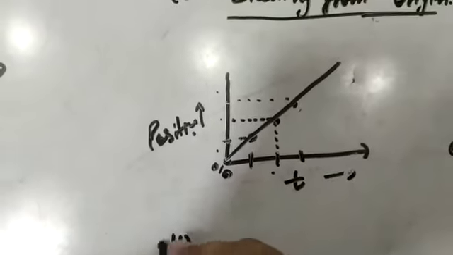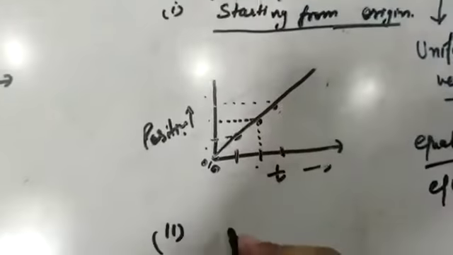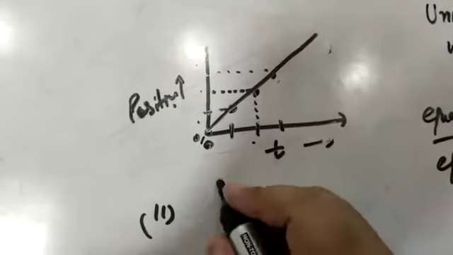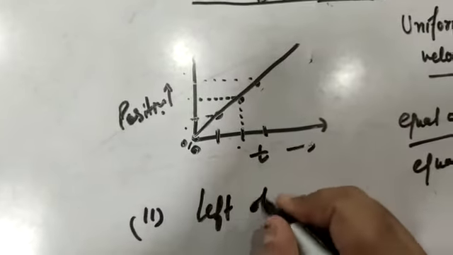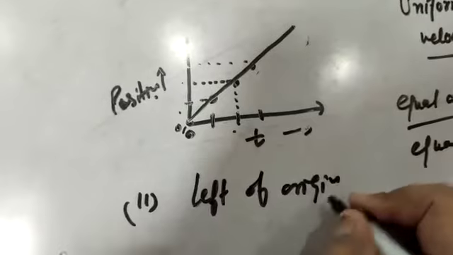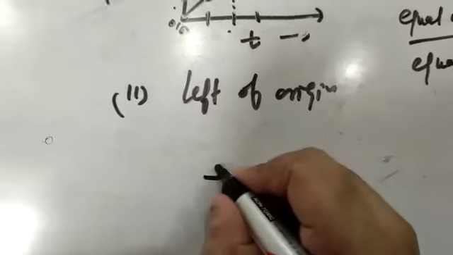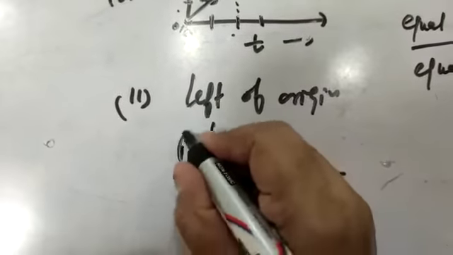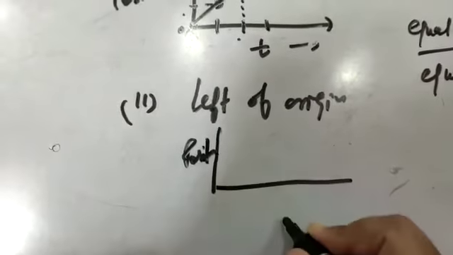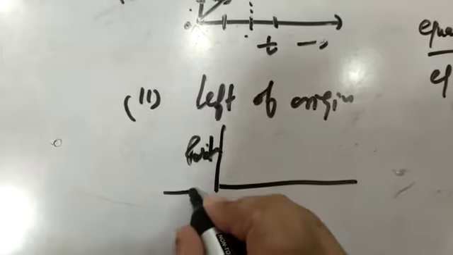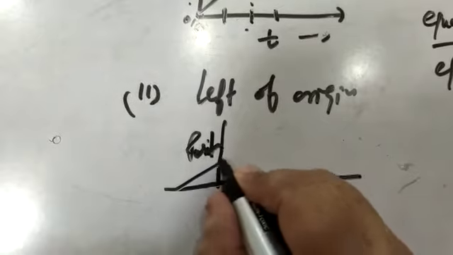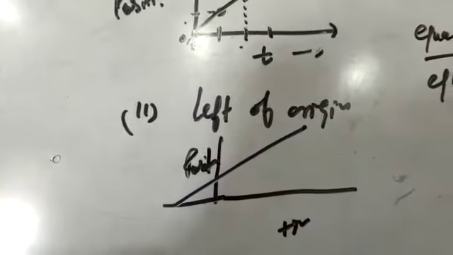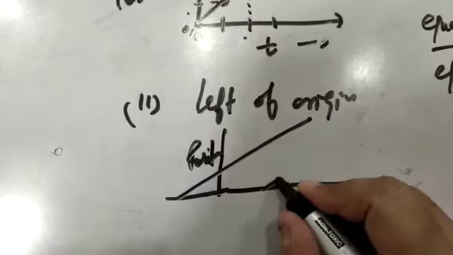Similarly, the next case is for the same situation, starting from the left of origin. Now we will draw the graph like this, with position and time axes. Left of origin means the graph starts like this. When we are talking about the right of origin, the graph will be like this.